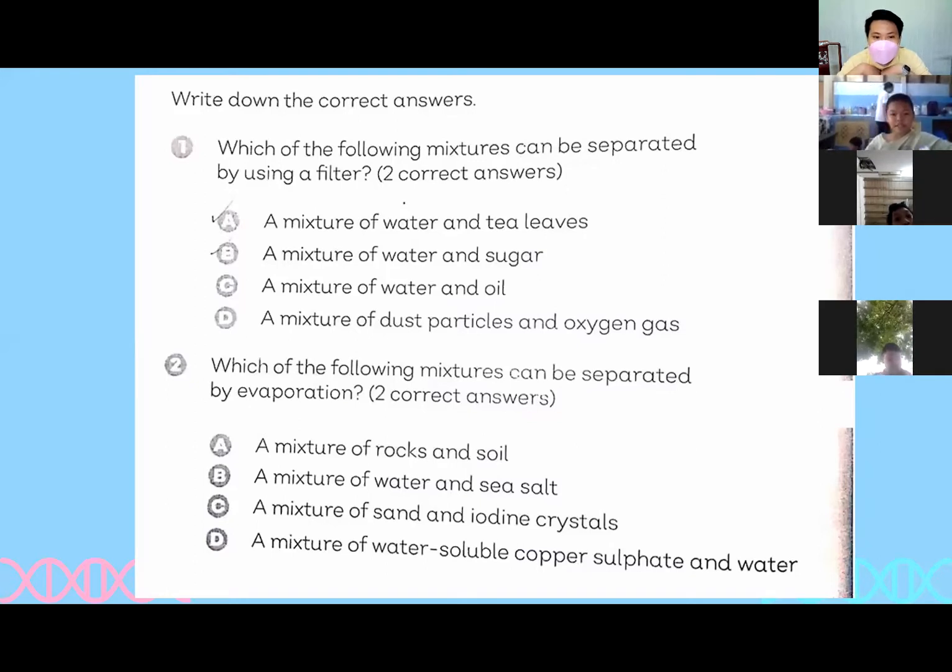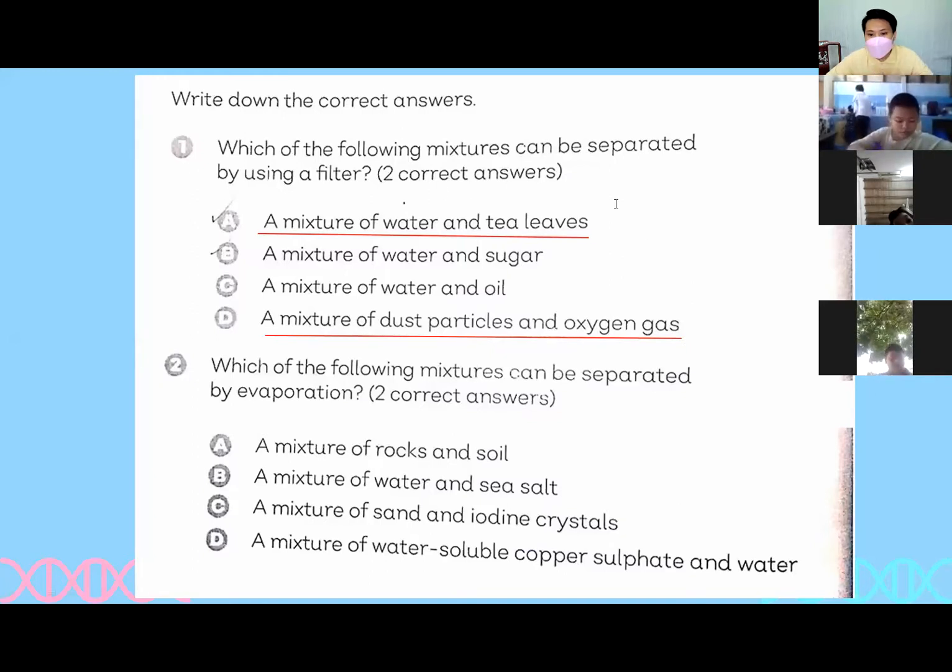Correct. A is correct. What's next? A mixture of dust particles and oxygen gas. Very good. So the answers are A and D. Write your answers in your book. A and D.